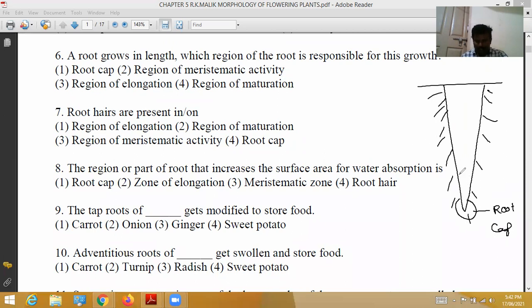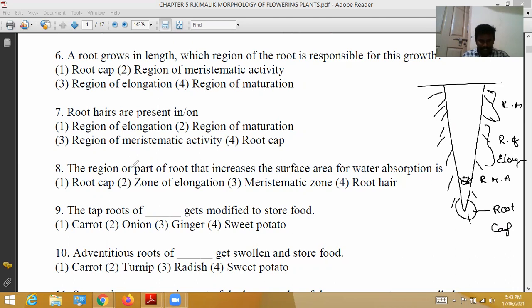This region is called the region of meristematic activity. This region is called the region of elongation. This region is called the region of maturation.